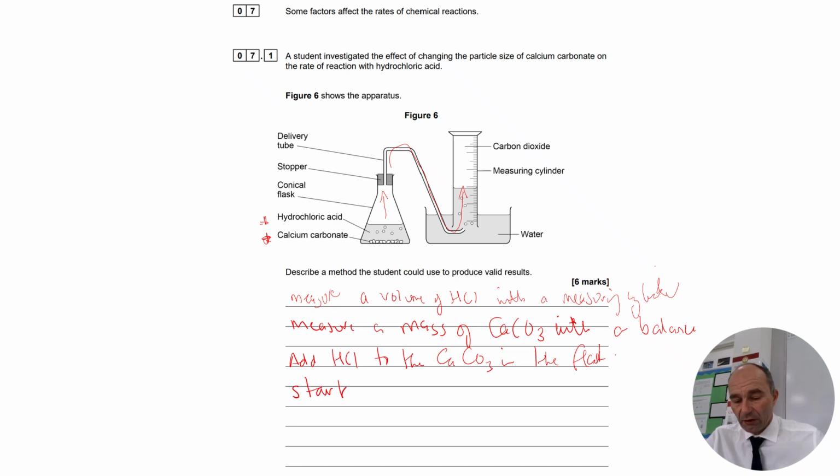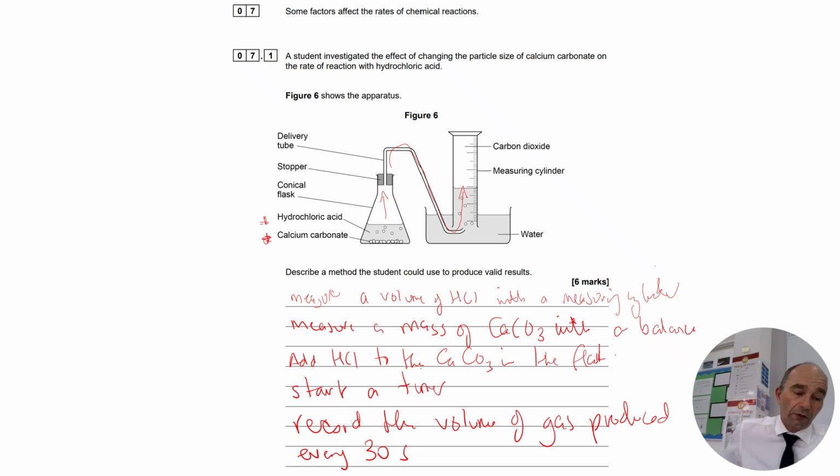So start a timer, and then record the volume of gas produced. And I would do it every 30 seconds. As long as it's a sensible kind of time scale, they'll still give you credit for it. Now, that is how you do the first test.